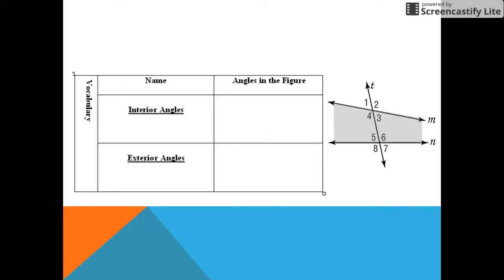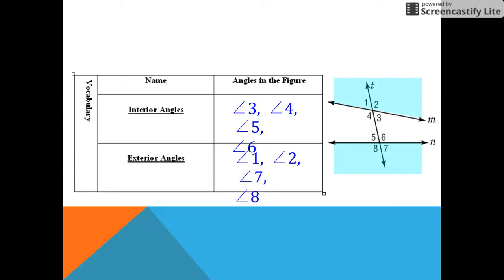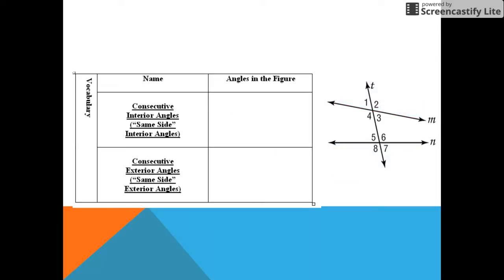It is inside the two lines. So interior angles are the four angles between the two lines. So that's 3, 4, 5, and 6. The exterior angles refer to the angles that are outside the gray area, that are not between the two lines. So that's angles 1, 2, 7, and 8.